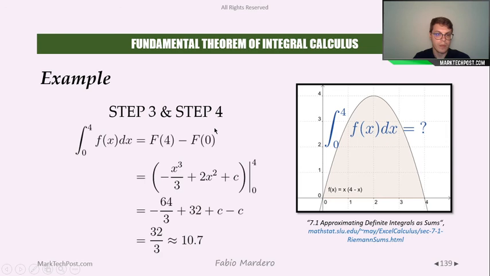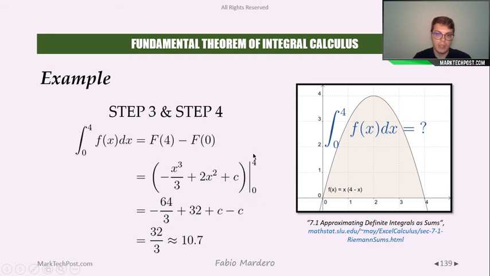Step 3 and 4, we compute F, the antiderivative, the indefinite integral, with respect to 4 and 0, and we take the difference between the two. This difference can also be written in the result of the indefinite integral. Sometimes we forget about plus c, since, as we will see, this plus c is insignificant to the computation of the area.